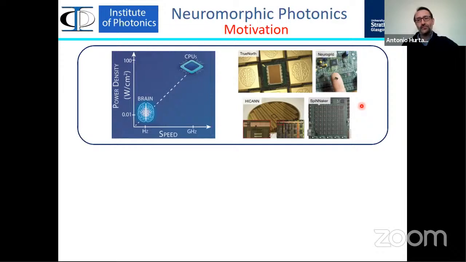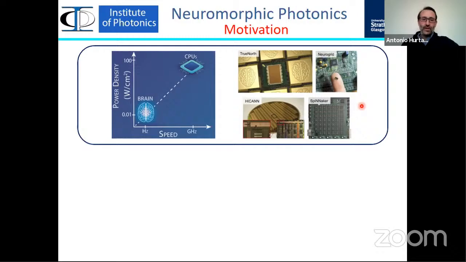However, they're implemented in electronic systems, which have their inherent fundamental limitations in terms of crosstalk, interference, and the length of the communication links that can be implemented in these platforms. At the end of the day, that sets a fundamental limit on the maximum available bandwidth, so the speeds possible with these systems, and also on their energy consumption.